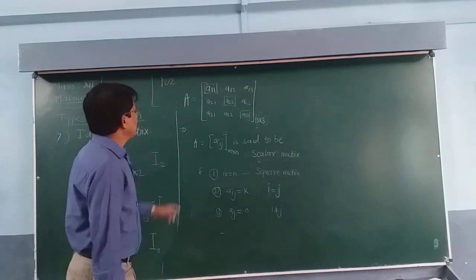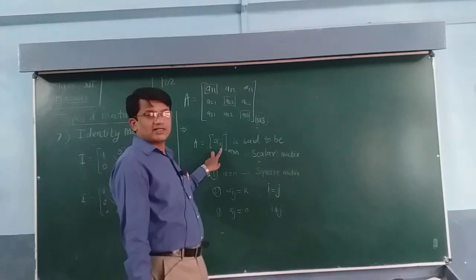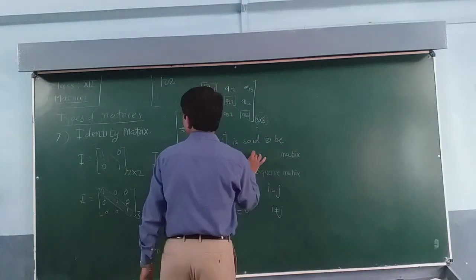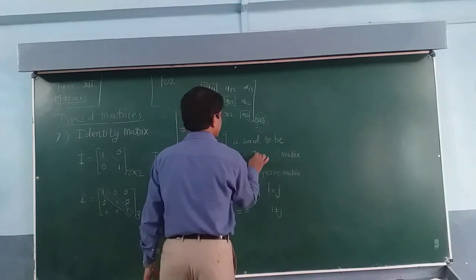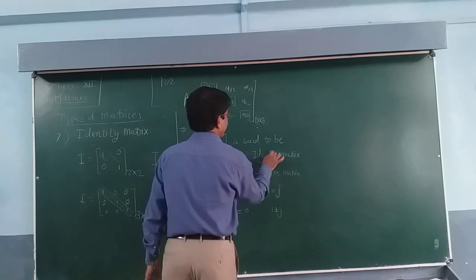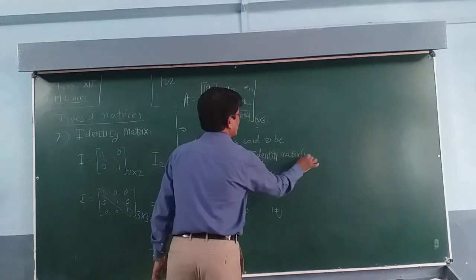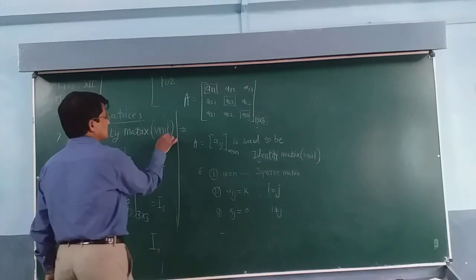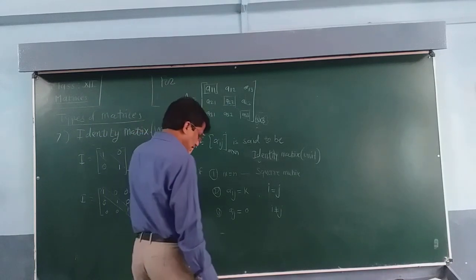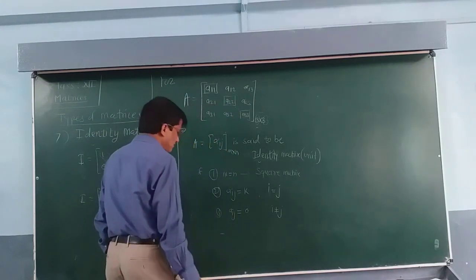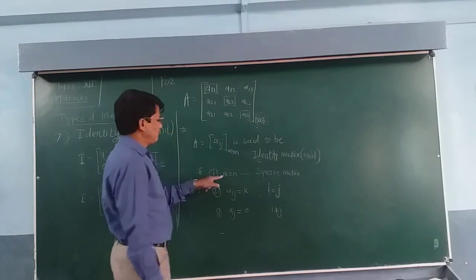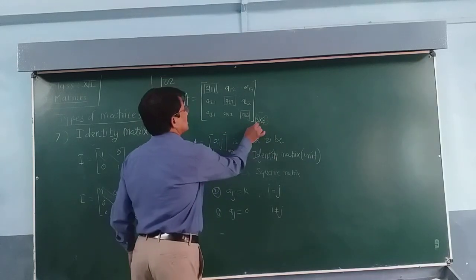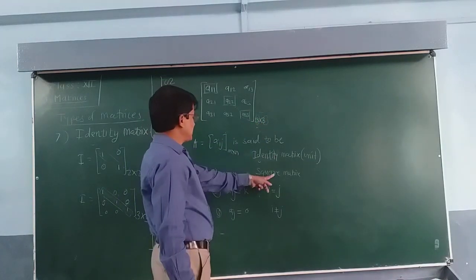So in general form, see the definition: matrix Aij is said to be, instead of scalar, an identity matrix, which we can also call a unit matrix. The first point is m equal to n, the order should be the same, so it should be a square matrix.